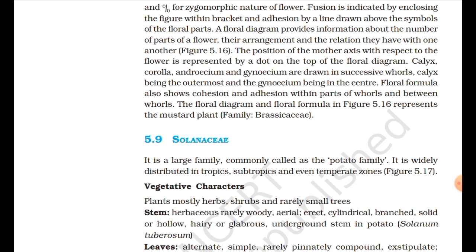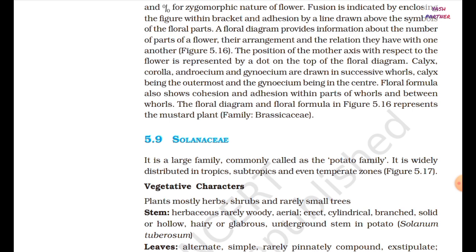Fusion is indicated by enclosing the figure within bracket and adhesion by a line drawn above the symbol of the floral parts. A floral diagram provides information about the number of parts of a flower, their arrangement, and the relation they have with one another, figure 5.16. The position of the mother axis with respect to the flower is represented by a dot on the top of the floral diagram.